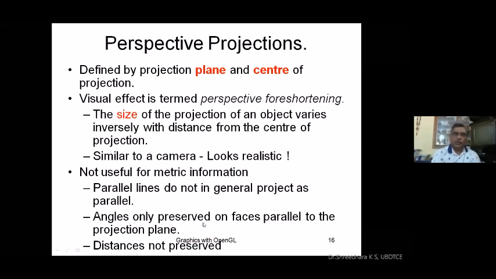Angles are only preserved on faces parallel to the projection plane, and distance is not preserved. These are the drawbacks of perspective projection, but the advantage is that it is realistic. Usually the question is to give the difference between perspective and parallel projection. Try to draw the diagram, and give one or two points under each heading.